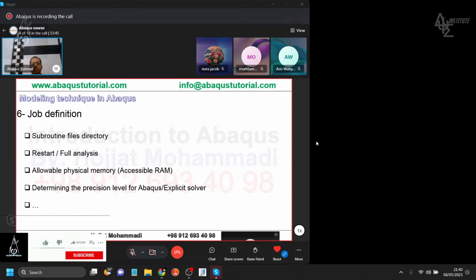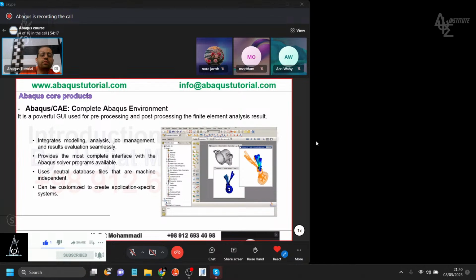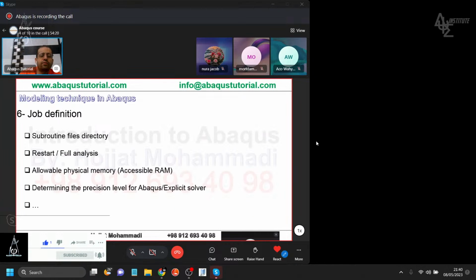I mean the accessible RAM, physical memory, and we can determine the precision level for the ABAQUS explicit solver, which I will explain later, and something like that. It's the final step of the modeling process in ABAQUS. And after that, we have to submit our model to be solved by the program.